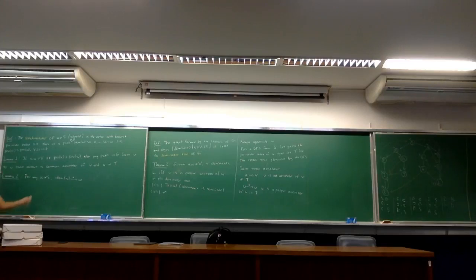Because the DFS tree only contains edges from G. So if you consider the path from S to W, since the idom is a dominator of W, then idom has to appear somewhere in this path. So the idom of W has to be an ancestor of W. Okay? That comes from the definition of dominator. All right? Cool.